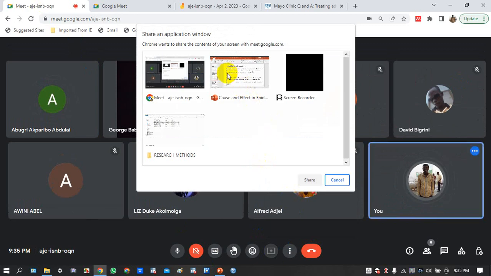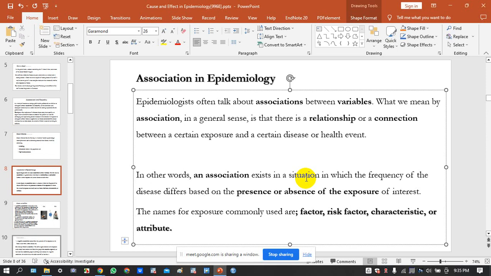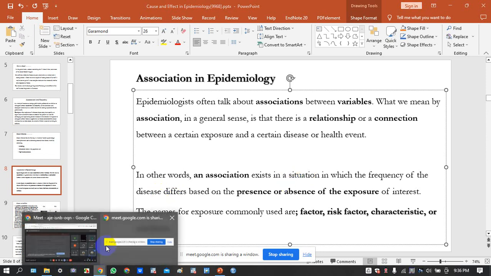Okay, I'm sharing again, can you see slide 8? Okay, read it and let me hear. Okay, so let's go to the whiteboard and let me see whether you can see that one too.